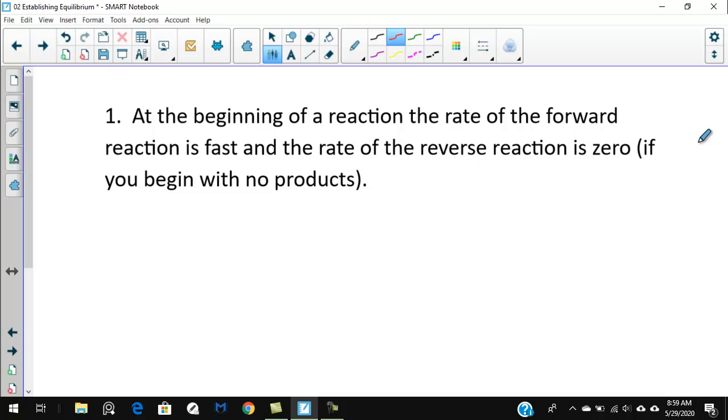So at the beginning, the rate of the forward reaction is fast, the rate of the reverse reaction is slow. And we're assuming, you don't have to, but we're assuming that you begin with no products. That would give me a very fast forward rate. So the rate forward is fast as compared to the rate reverse, which would be very slow. Okay? So rate forward is greater than rate reverse.